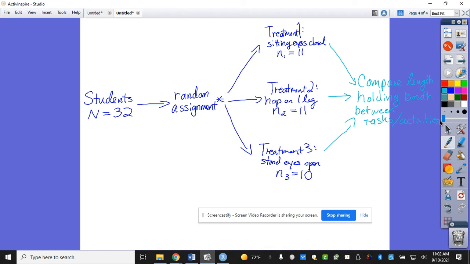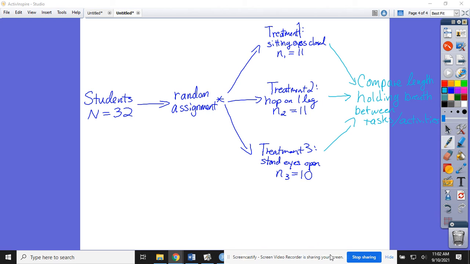Alright, so the only thing I haven't done here is this little star. So underneath, you can put star, put random assignment process.